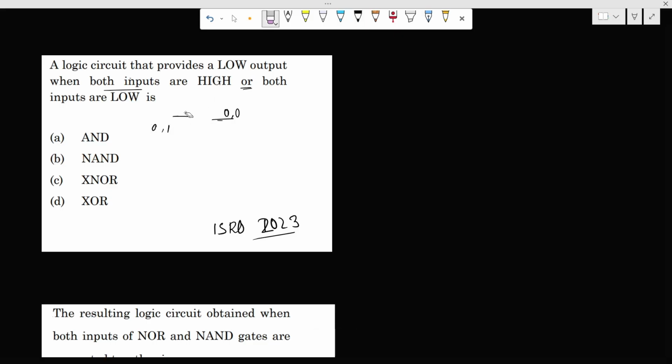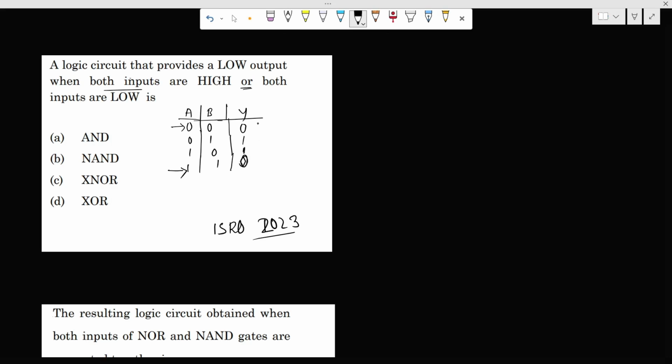The reason is, if we draw the truth table, it will be helpful for us. So now input A, input B, and Y as the output. So you get 0, 0, 0, 1, 0, 1, 1. The question says that when both inputs are low and when both inputs are high, we get 0 as an output, otherwise it is 1.